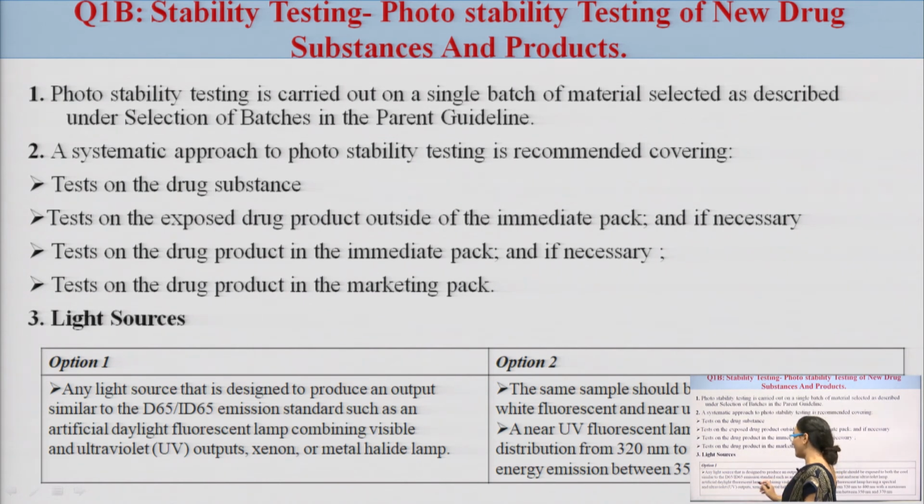Here we can select the D65 and ID65 emission standard lamp. A number of artificial sources are available for this study, for example, xenon or metal halide lamp.